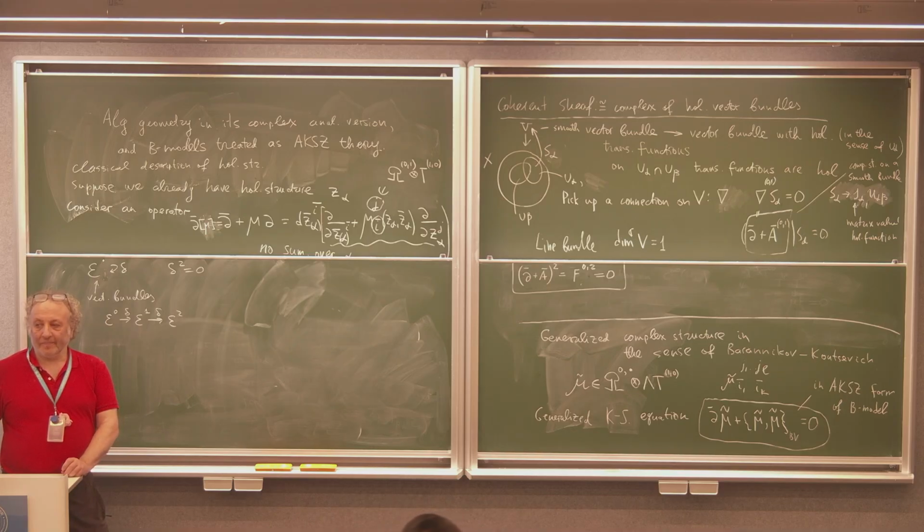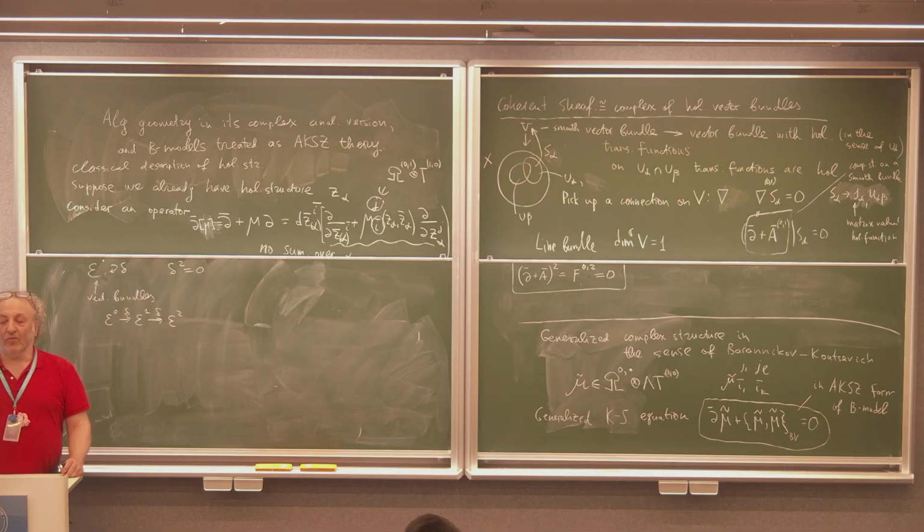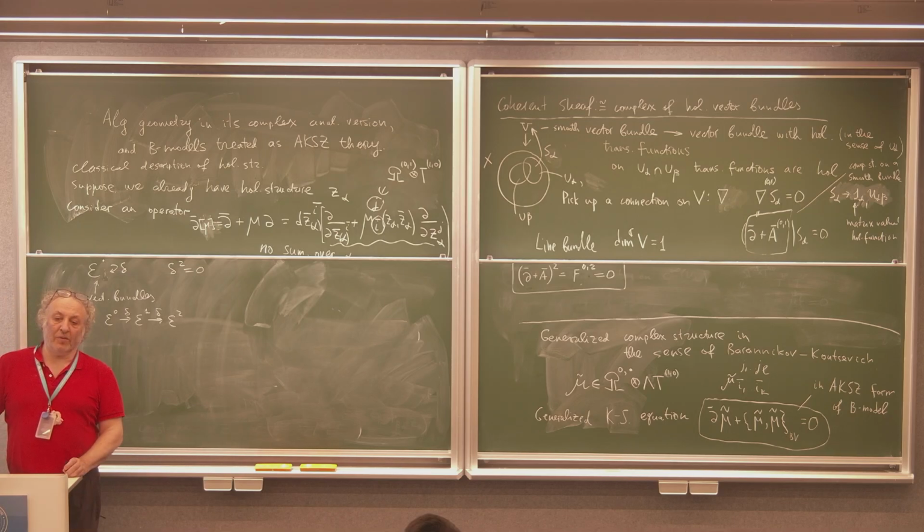Okay. Now, let me tell you what the B model is from the AKSZ point of view. And let me try to find all the structures that came from algebraic geometry in AKSZ.